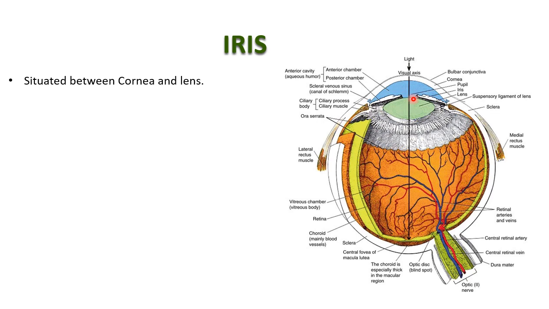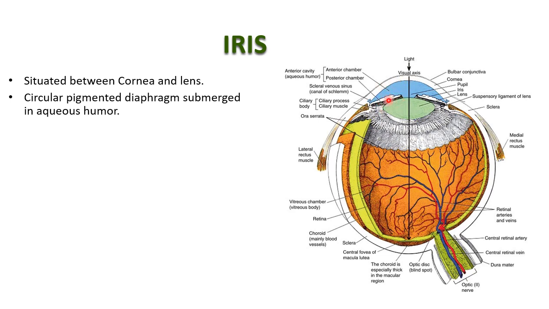This aperture can increase or decrease in size due to the contraction of the iris. It is a circular pigmented diaphragm submerged in the aqueous humor. Not anterior chamber, it is actually the anterior segment, because the iris divides the anterior segment into an anterior chamber and a posterior chamber.